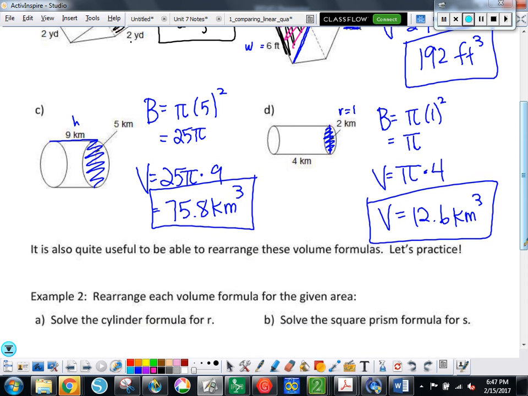This right here, the base is a circle, so we're going to call it a cylinder. And likewise, this one right here is a cylinder. All right, take maybe 10 minutes, get as many of those first 12 questions as you possibly can.